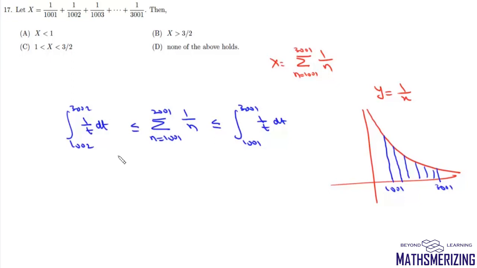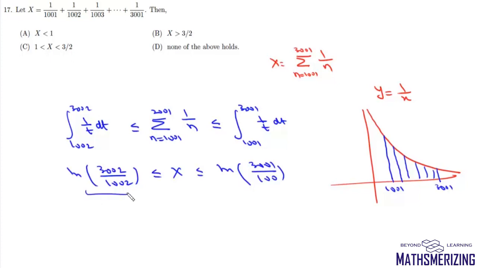Now we'll solve this integral, then log(3002/1002) is less than x, which is less than or equal to log(3001/1001). Now this value is nearly 1.09728 ≤ x ≤ 1.0979. So this value lies between 1 and 1.5, and that's your option number C.